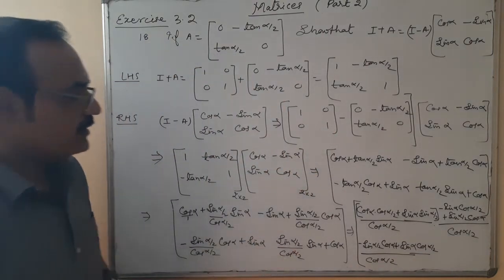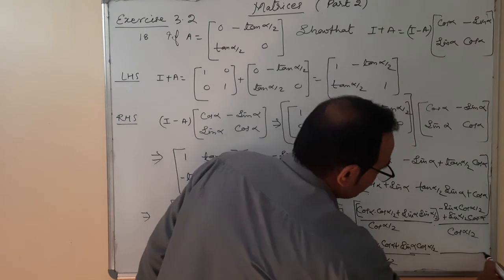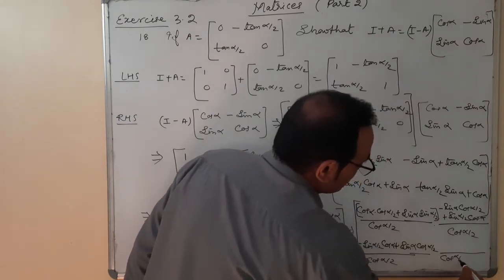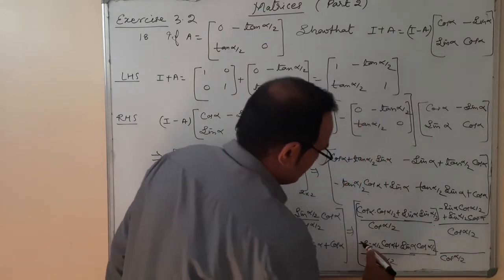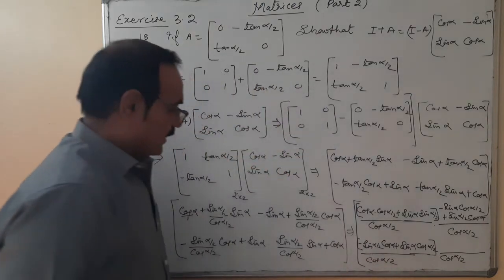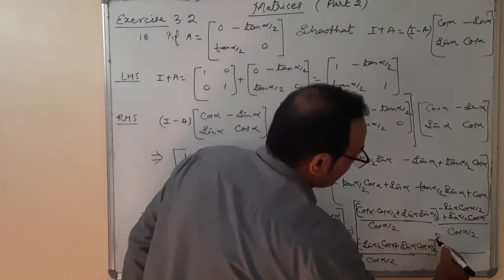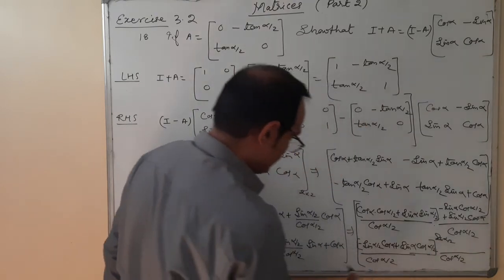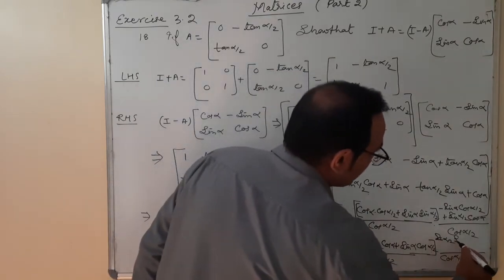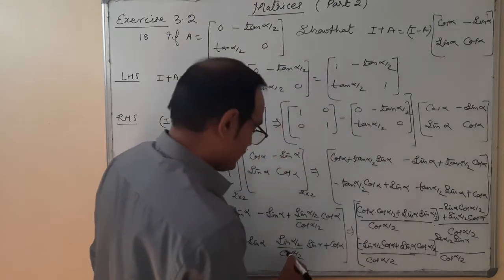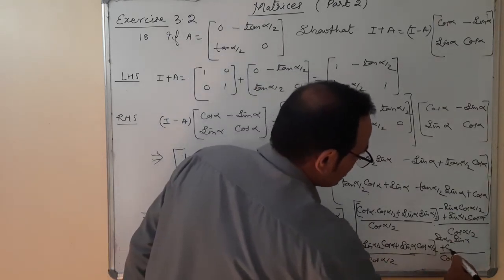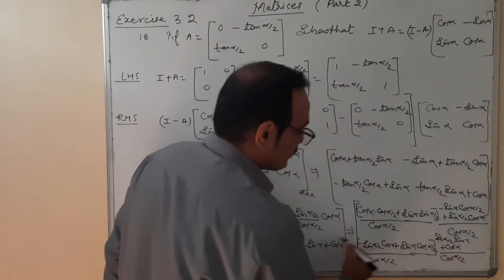And last term, LCM again cos alpha by 2. Here what is coming? Cos alpha by 2 LCM, sin alpha by 2 into sin alpha, plus cos alpha and cos alpha by 2.